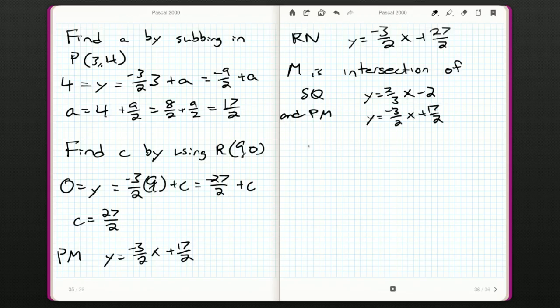Alright, so we set these two equal: 2/3 x minus 2 equals negative 3/2 x plus 17/2.